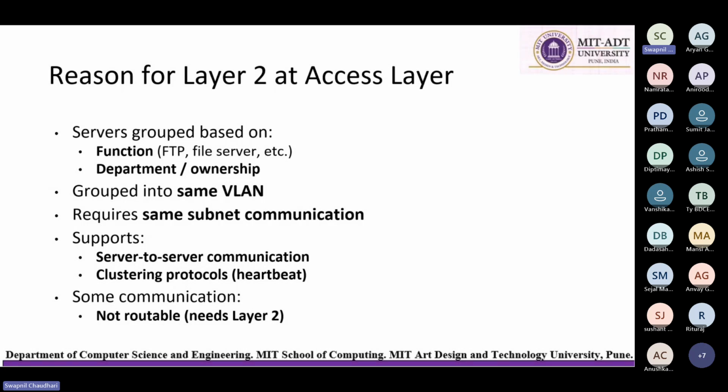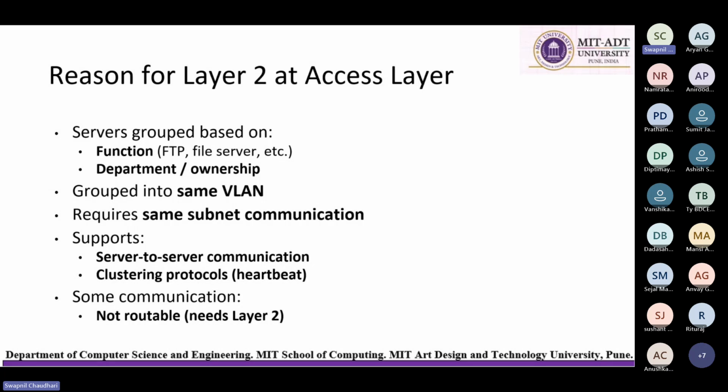In a data center, servers are often grouped based on their functions, for example FTP servers, file servers, and database servers. These grouped servers are placed in the same VLAN.